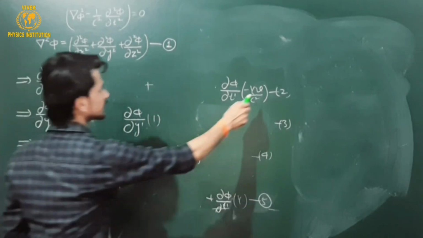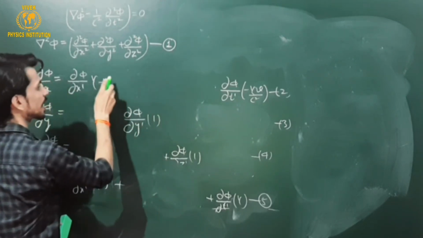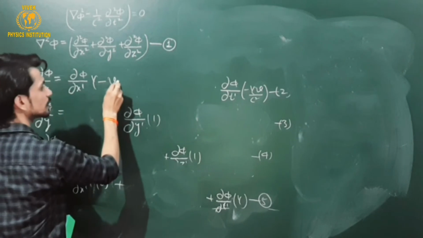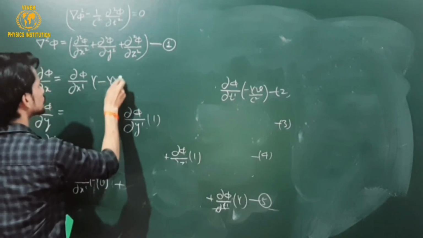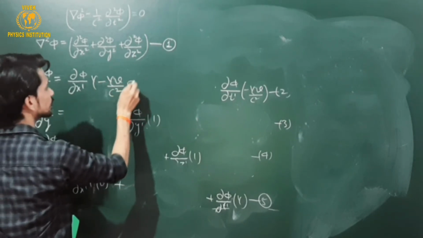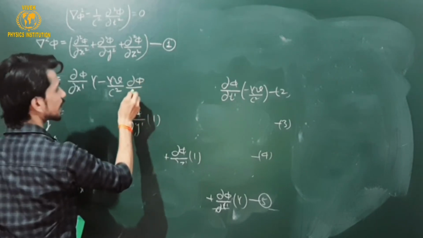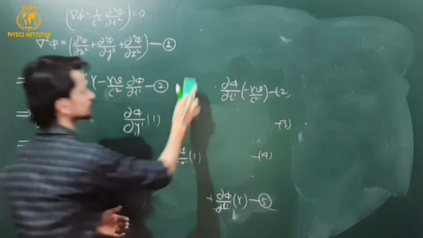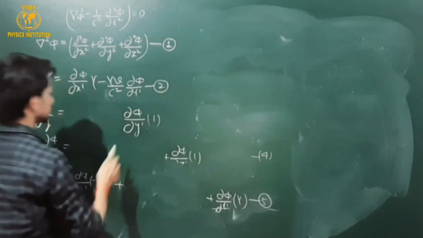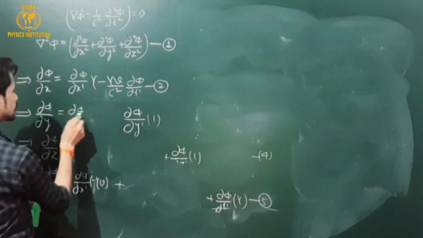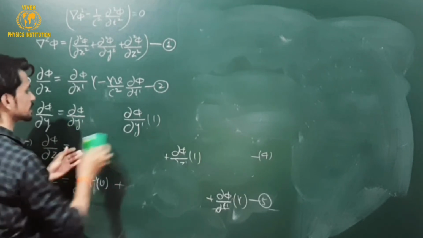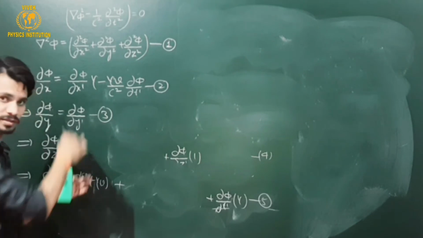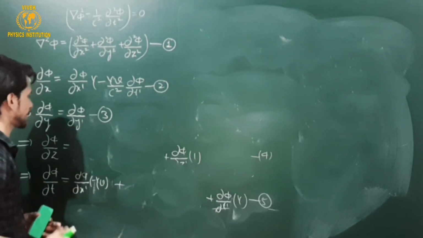So let me write this factor here, just near to this factor. This is minus gamma v over c square multiplied by del phi over del t dash. This is my new equation 2. Here, this is del phi over del y dash. This is equation 3. These are the new forms of equations 2, 3, 4 and 5 respectively.